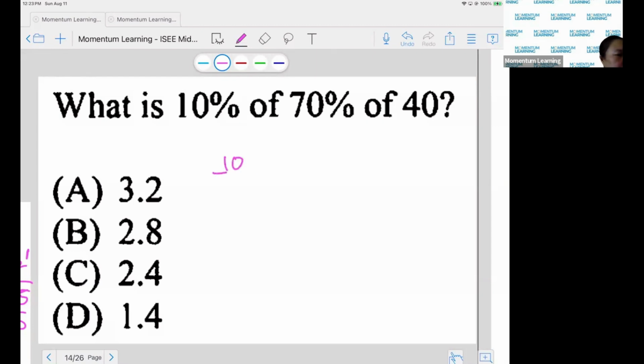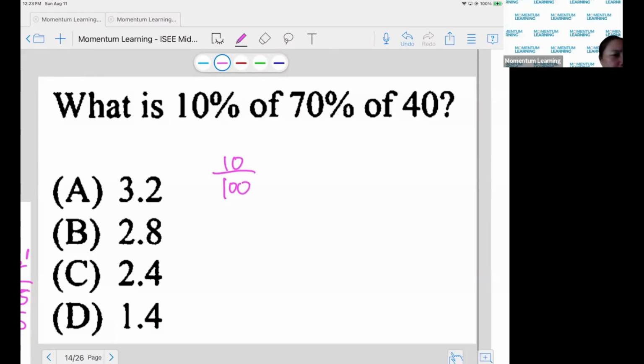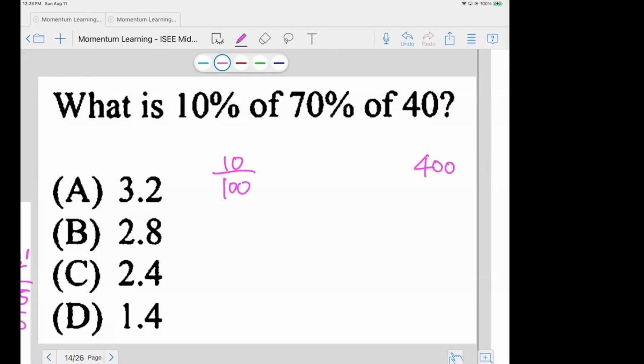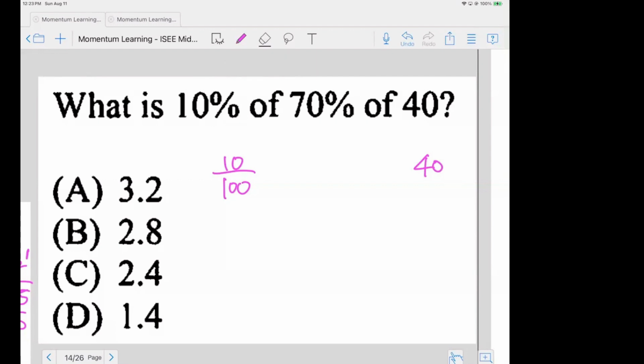Right, 10 over 100, and instead of 40, I did 400. Okay. Then it's easier, because 10 multiplied by 4 is 400. I just multiplied 7 by 4 and it was 28. And because I added an extra 0, the answer should be 2.8.